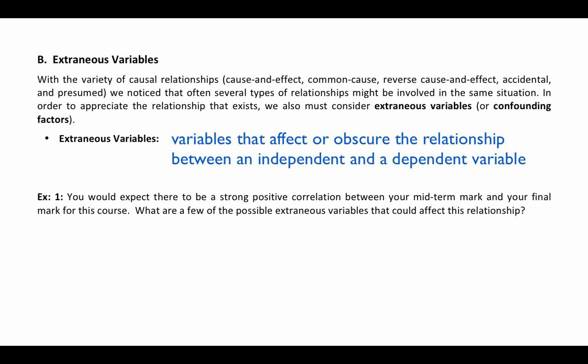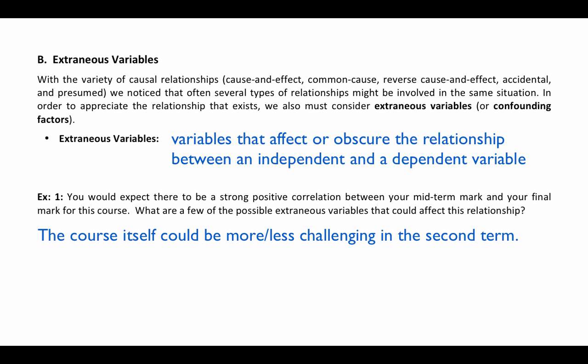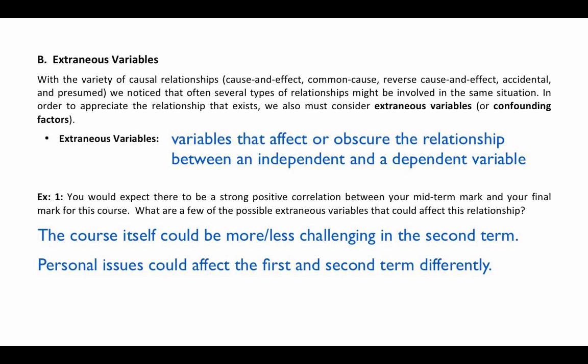When we brainstorm with our classes, what are some things that could get in the way of the midterm and final mark being correlated? Maybe the course itself is designed so that the first half is easier or more challenging than the second half, and so you can't predict the final from the midterm. Sometimes students have personal issues that could affect the first and second term differently.